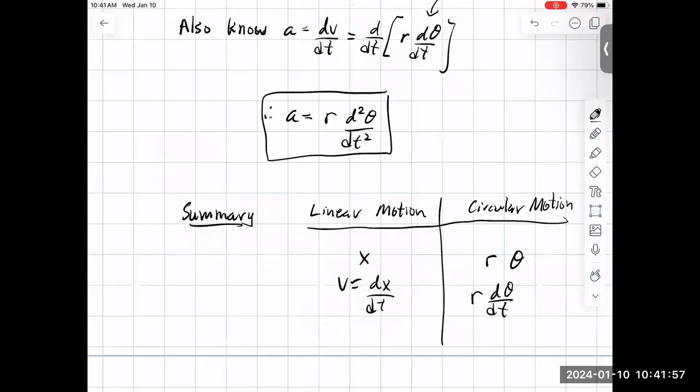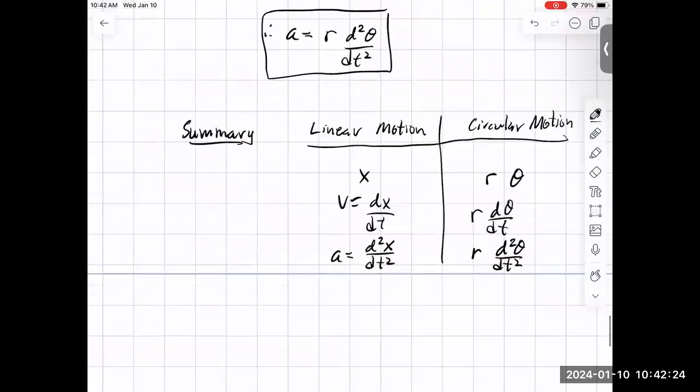And the angular acceleration would be 2 derivatives of the angular position, just like linear acceleration is 2 derivatives of the linear position. And then if we want to connect the two, linear motion and circular motion, it's always just related by a factor of the radius r. Okay, good. So that was our little aside.